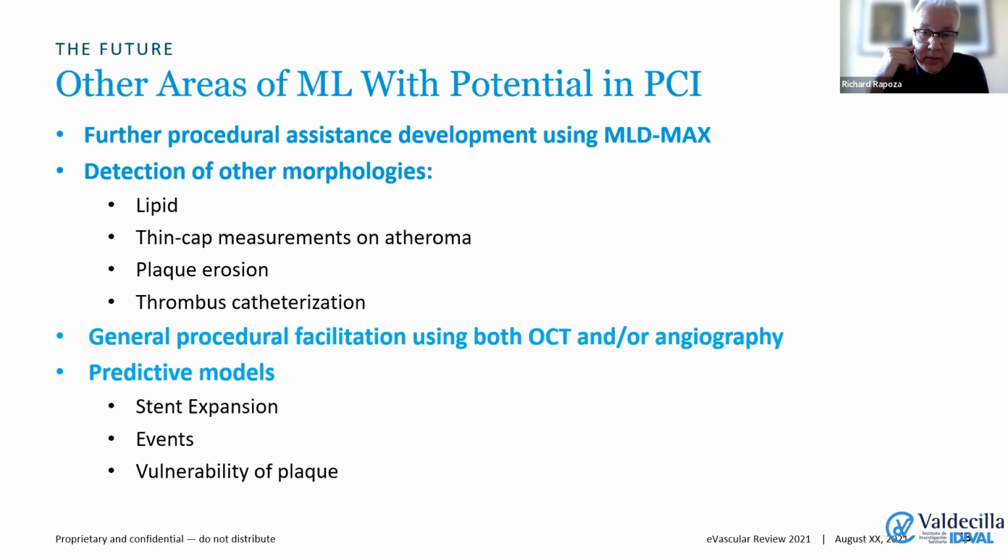We have started doing that algorithm, and portions of that algorithm will be in the next generation of Ultron, coming out towards the end of 23. And then that will have high-level graphics in terms of how to treat the bifurcations, but combining with at least two angles of angiography will be even more useful.